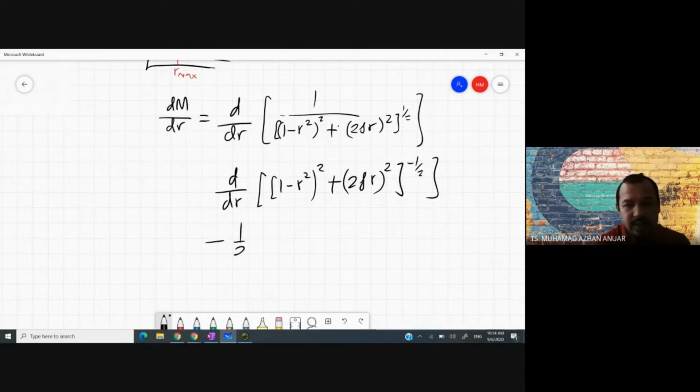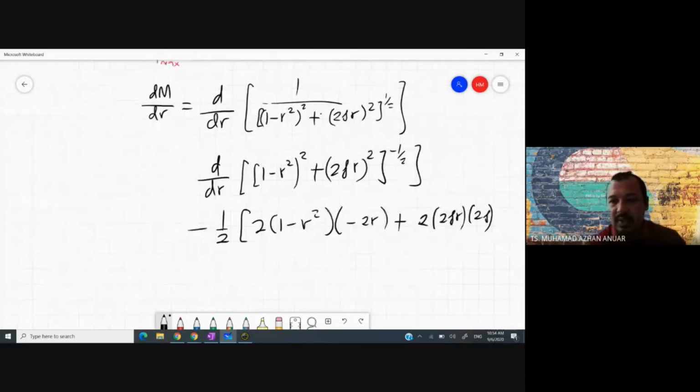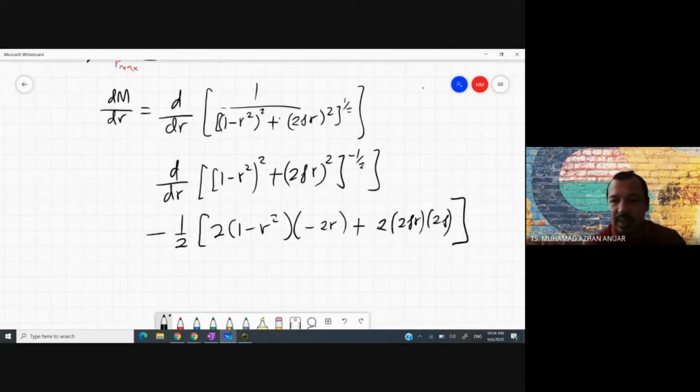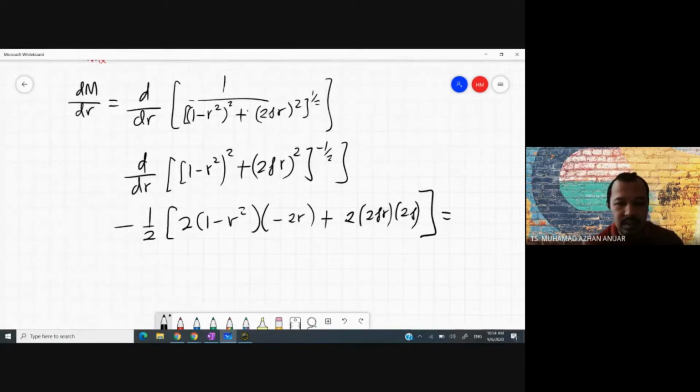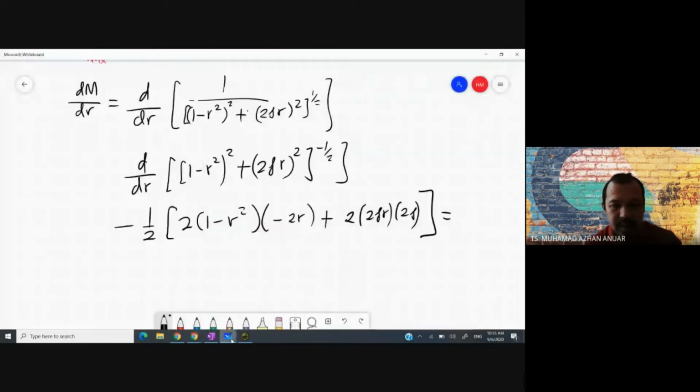So minus 1 over 2 multiplied by whatever term inside, we differentiate the term inside this one, so you get 2 multiplied by 1 minus r square multiplied by minus 2r, plus, so we differentiate the inside term, so you get 2 multiplied by 2 zeta r multiplied by 2 zeta, and then this one is going to be equal to 0.